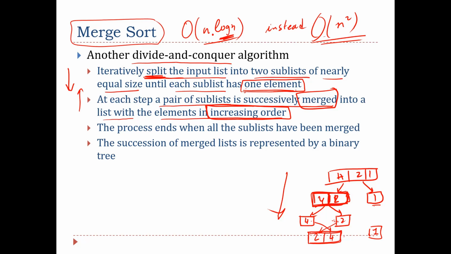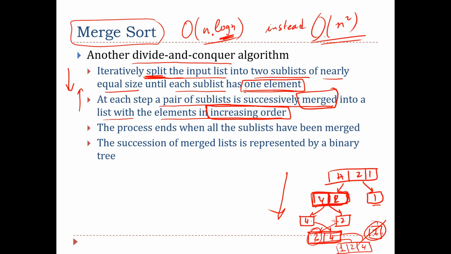So this one can be merged with this list of 2 and 4 in the same way. We start by testing the first element in each list. It happens that the first elements are 1 and 2. 1 is smaller than 2, so we copy 1 first. Since this list is empty, we can safely copy all the values here, because there are no elements left to check whether the elements on the left-hand side are smaller than them. So we copy 2 here, and then we copy 4 there, and then we will have the array sorted.